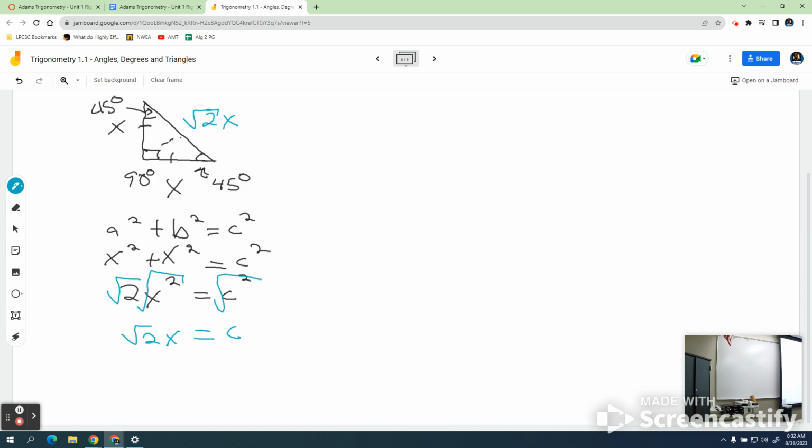Okay. Anybody have any questions on this one? So what we're saying is the ratio of this is X, X, root 2x. Those are the ratios. So when we go to do a 45, 45, and we plug the numbers in, that's what it is.